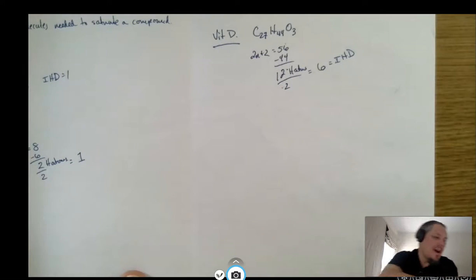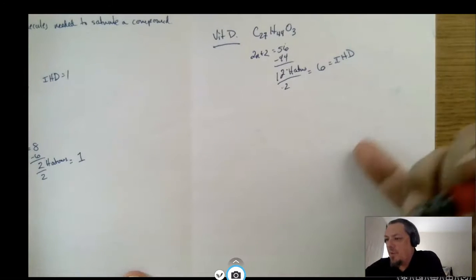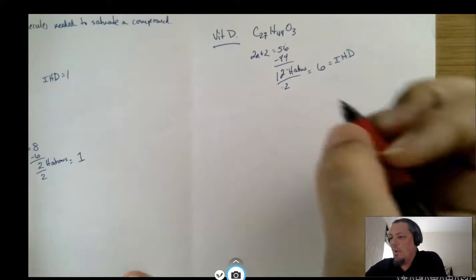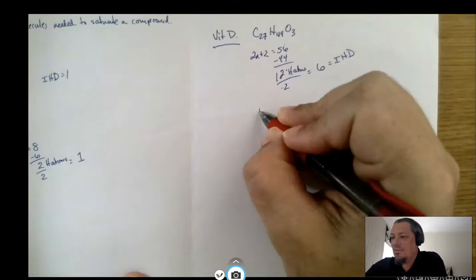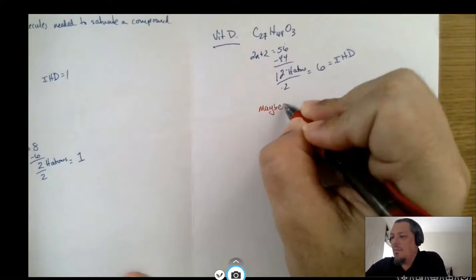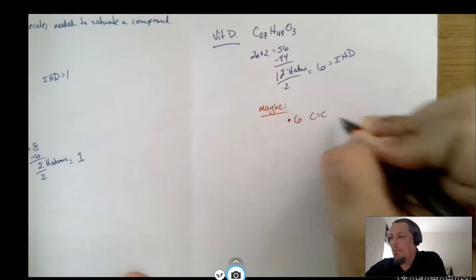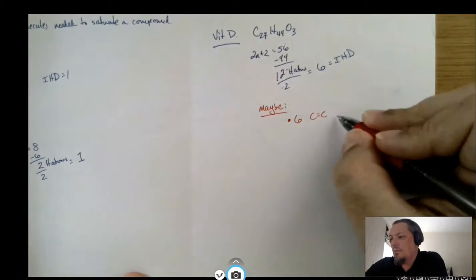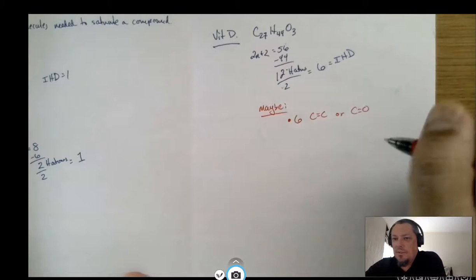So what are our options here? Well, to form a double bond, we lose 1 hydrogen molecule. So we might have 6 carbon-to-carbon double bonds, or carbon-to-oxygen double bonds. A double bond is a double bond when it comes to this.